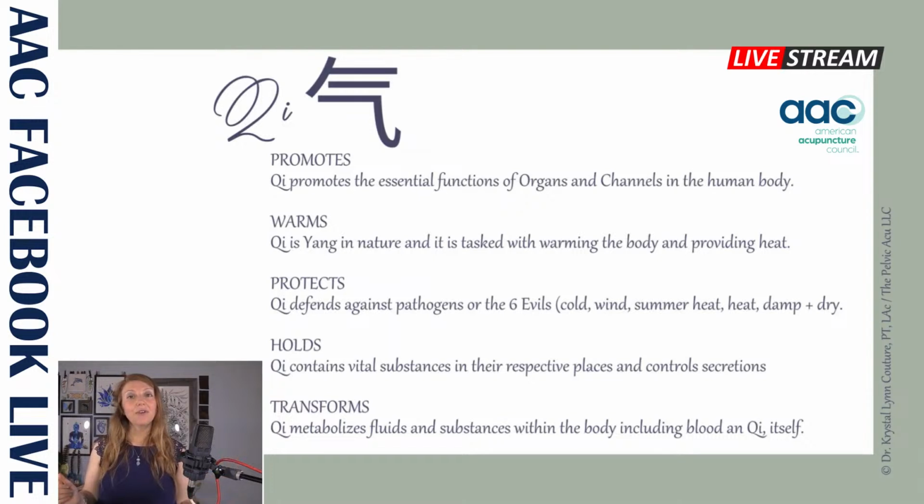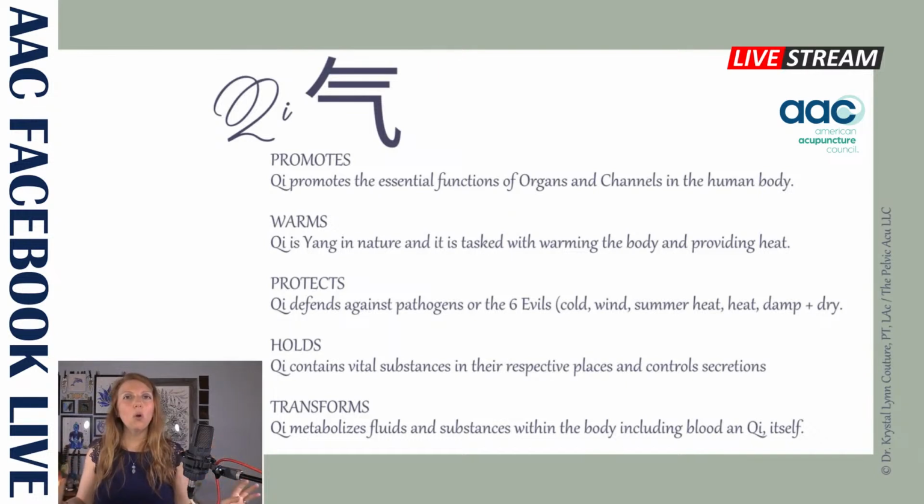Qi defends us against pathogens or the 6 evils, which we know in the winter we have cold, in the spring we have wind, in the summer we can have summer heat, which is kind of that damp heat, or heat, which is dry heat. We can also have damp or dry in their own right.